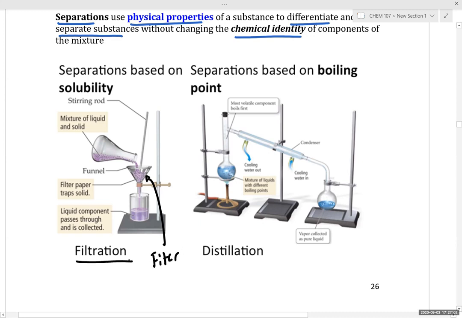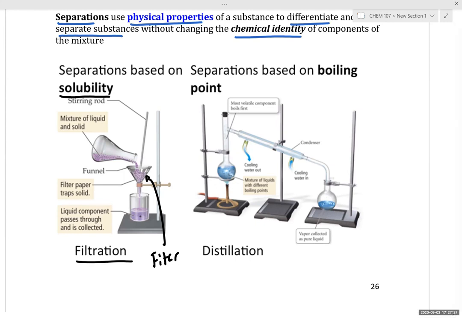So filtration separates substances based on their solubility. The coffee grounds are not soluble in water. They're stuck on the filter. The liquid water that contains dissolved substances passes through the filter and you collect your coffee, which you then drink.